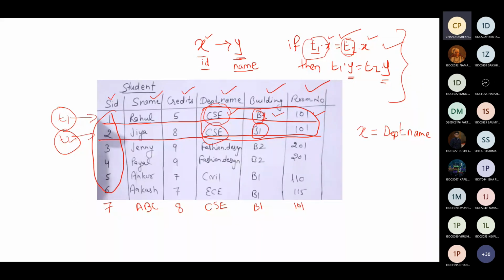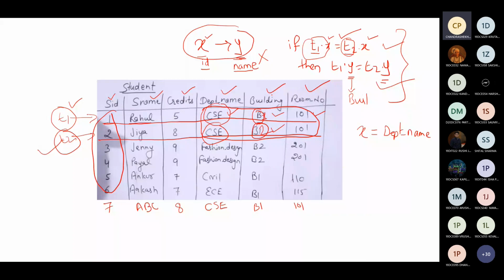When it is true, then we have to check the next column, that is Y, and suppose Y is building. So t1.Y is building B1, and t2.Y is also B1, which means this dependency is true. If it is B2 here, then it is not functionally dependent. They are not dependent on each other.